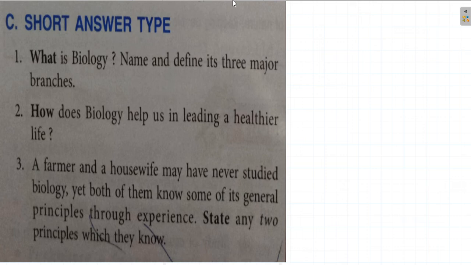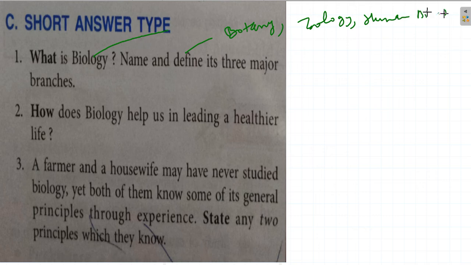So, what is biology? Biology definition have already discussed. Name its three branches. Name and define its three branches. Name is botany, zoology, human biology.